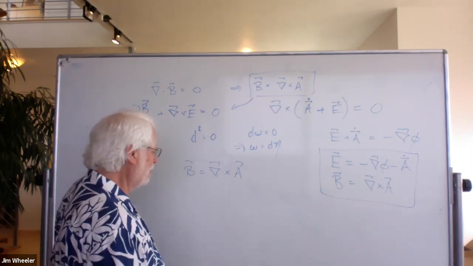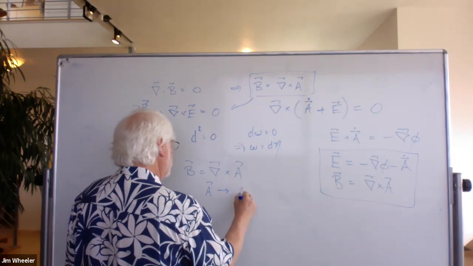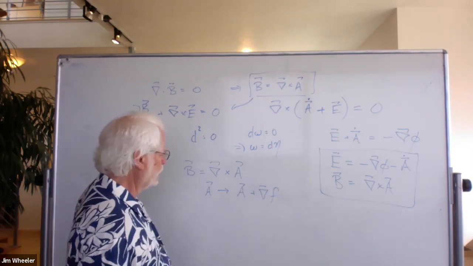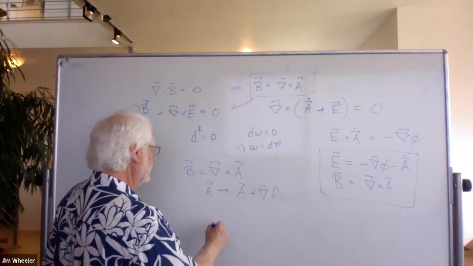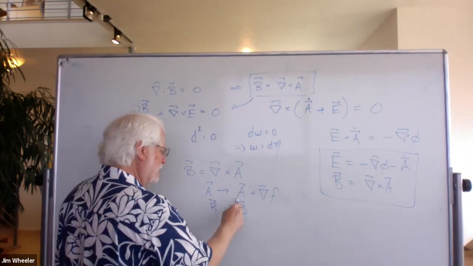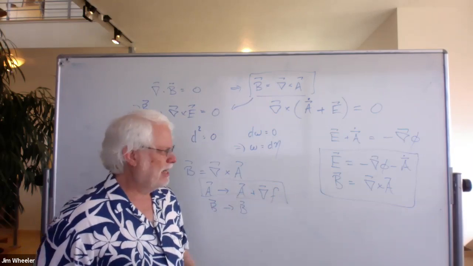Well, a gradient. So if I change A by a gradient of some function f, then B doesn't change. That leaves B invariant. So there is this freedom in the choice of the vector potential.